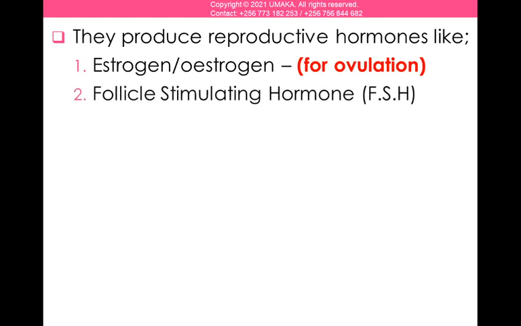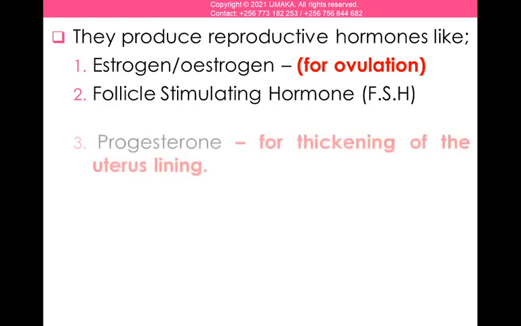Then we have the follicle-stimulating hormone. This one stimulates the follicles, which are called the Graafian follicles found in the ovaries, to produce mature ova.